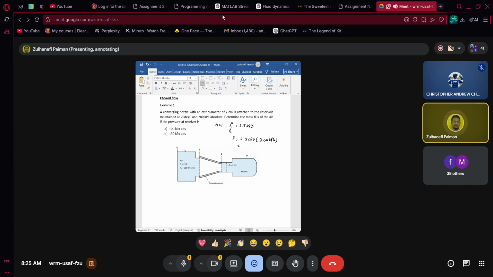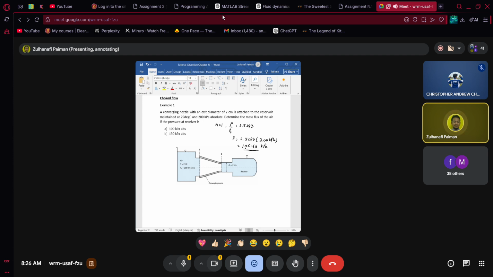So 0.5283 times 200 gives 105.66 kPa. This is the pressure required when you want to have Mach number equal to 1 at the throat area.